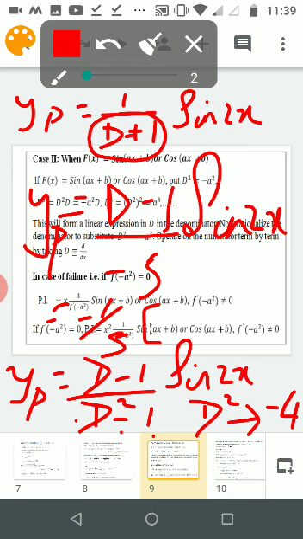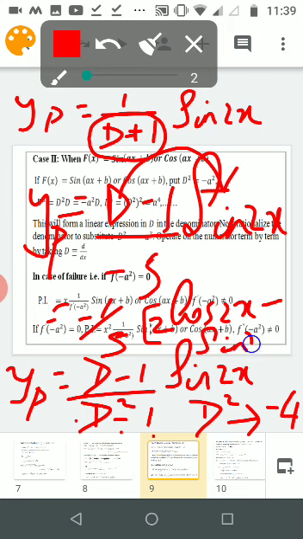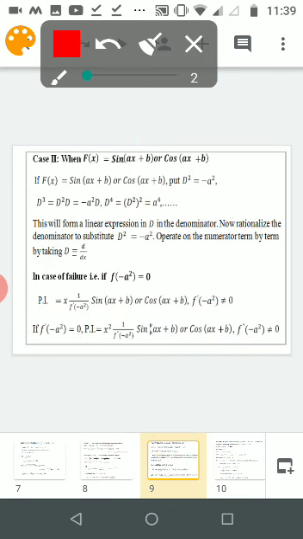That means capital D operated on sine 2x is nothing but the derivative of sine 2x, which is 2 cos 2x, and minus 1 into sine 2x is minus sine 2x. So your yp over here is minus 1 upon 5, 2 cos 2x minus sine 2x. So this is how you're going to be working with sine and cos. If there is no D square term, somehow you have to bring a D square term into the picture. Alright, so there's another problem that is done.